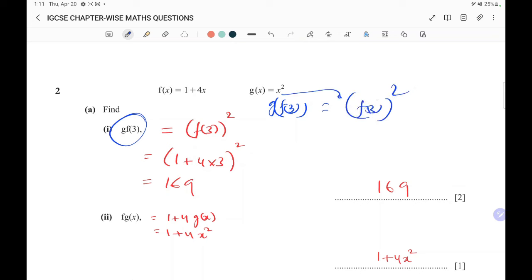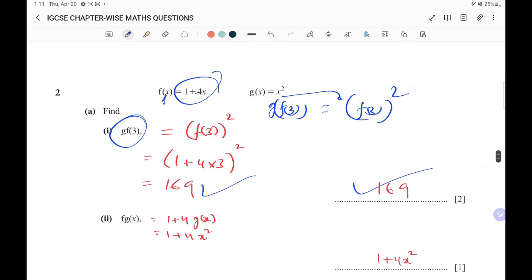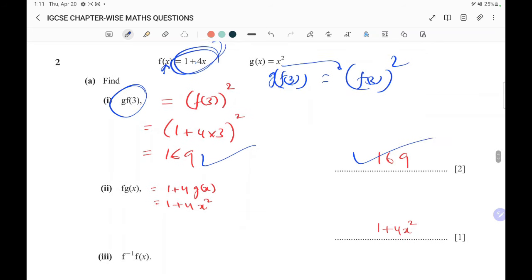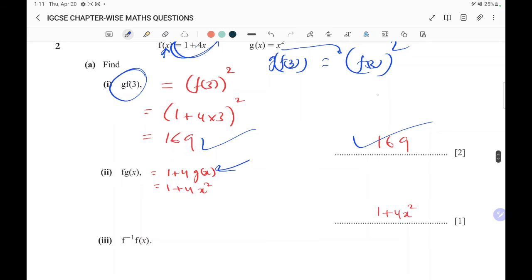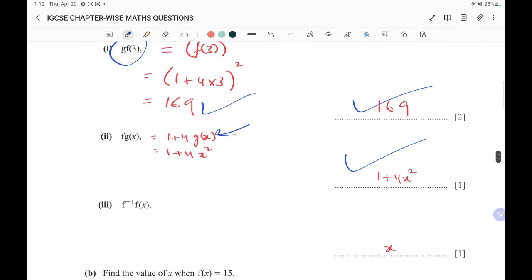So f of 3 whole squared. Now f of 3 is 1 plus 4 times 3, which is 13, and squared is 169. So write 169. F of gx, so this x should be gx, so 1 plus 4gx, and gx was x squared, so 1 plus 4x squared.